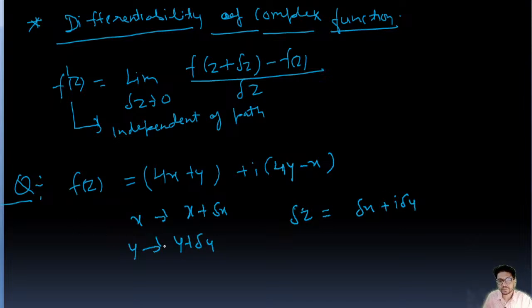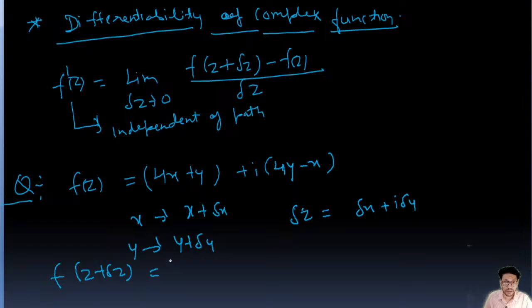Okay, these are the values. Now we'll put them here. So instead of x we'll write x plus delta x, instead of y we'll write y plus delta y, and in place of delta z we'll write delta x plus iota delta y.